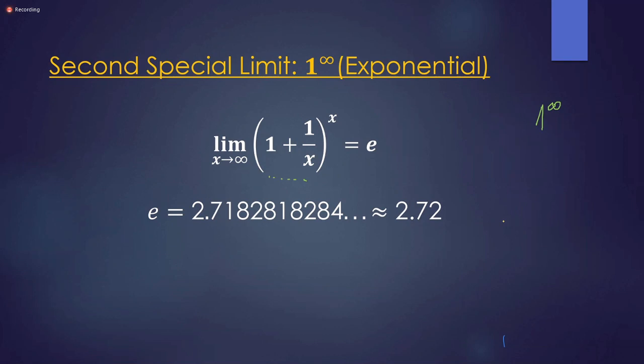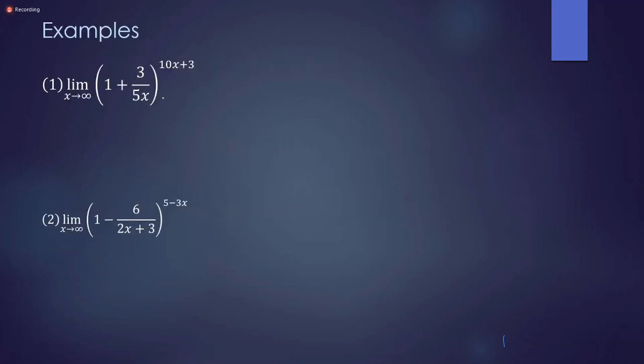We will start with simple examples. So let's have a look at this. What we want is something that looks like this: 1 plus 1 over t, everything to the power t, when, of course, t tends to infinity.